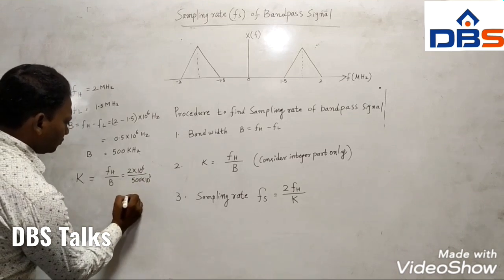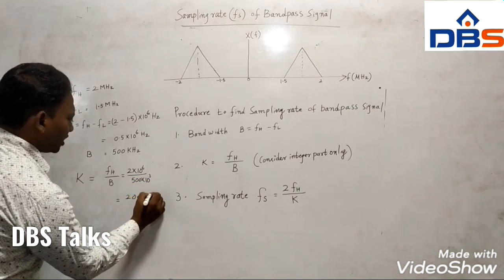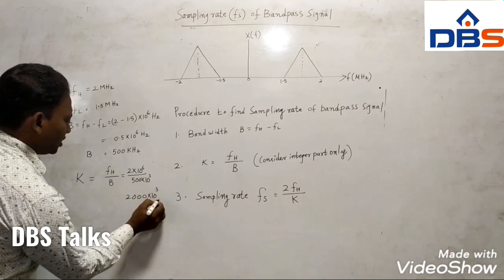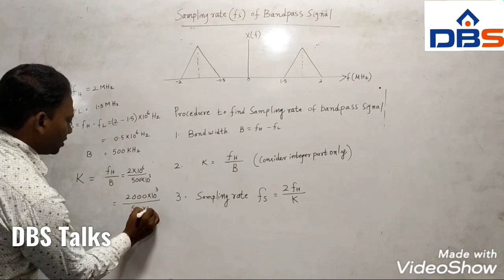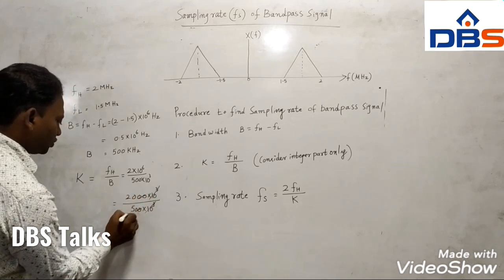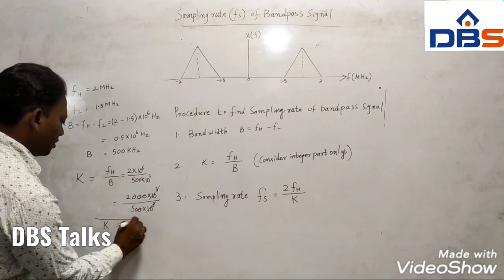Now see this: we can write 2 megahertz as 2000 kilohertz divided by 500 kilohertz. So this 10 power 3 will get cancelled, and k is exactly 4.